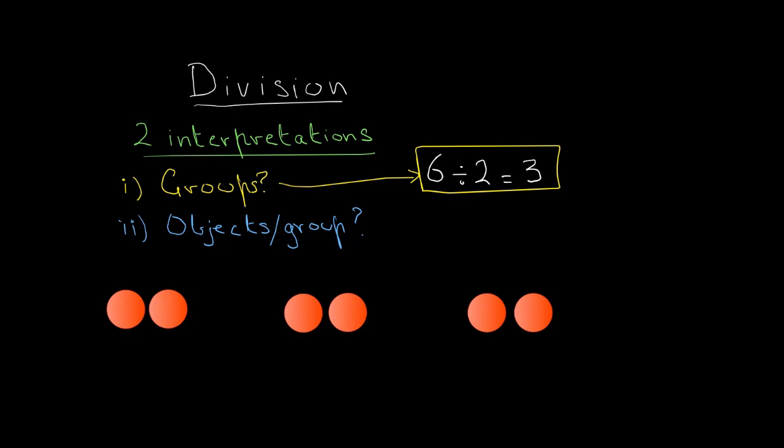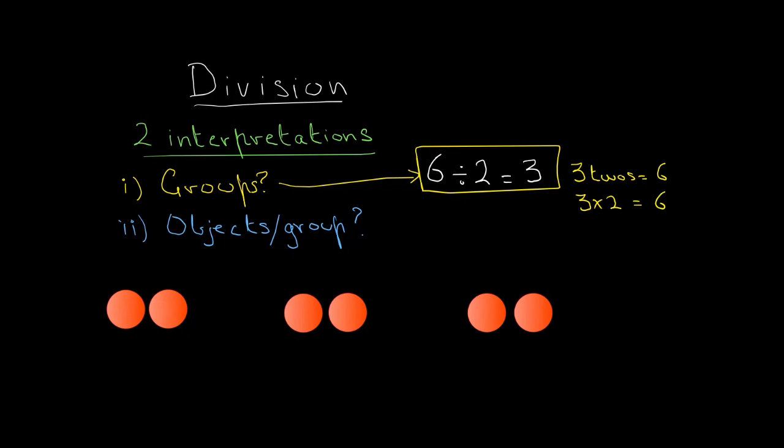Why is it true that this is 3? Because 6 divided by 2 is equal to 3 means that actually 3 2s is equal to 6. That's the meaning that I have for the number of groups.